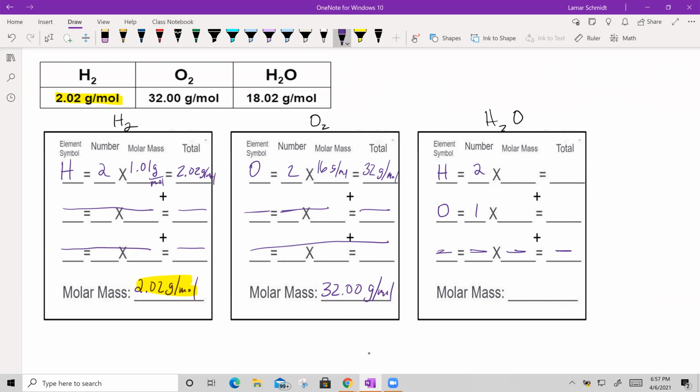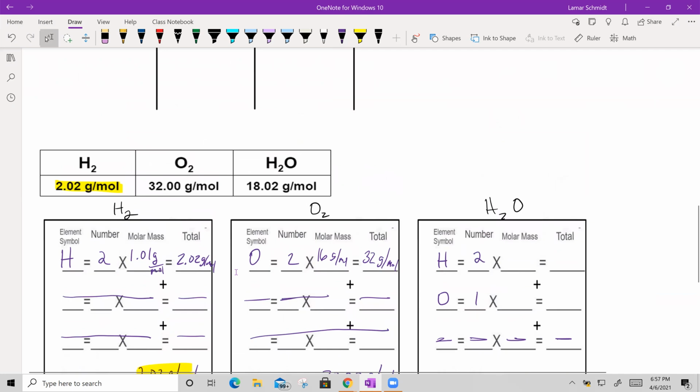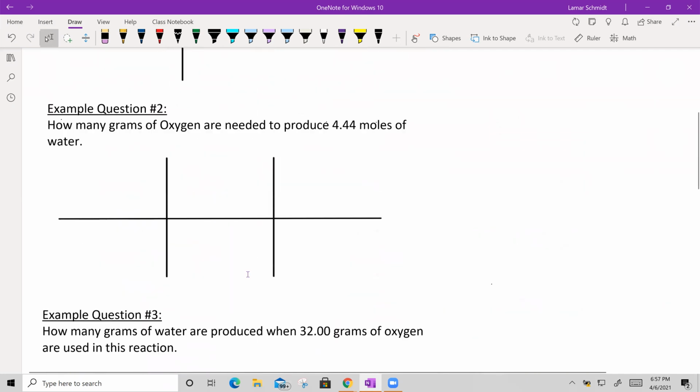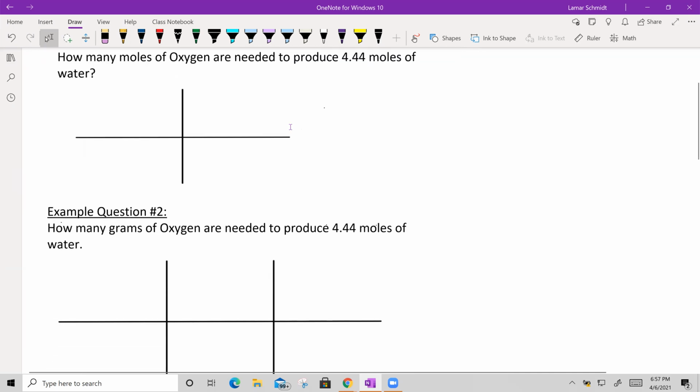Now, one thing I want to make sure that we understand is that we're not looking at our balanced equation here. We are only looking at the compound H2O. We are not considering the coefficients in our molar mass calculation at all. So do not use coefficients in your molar mass calculation. That is a no-go.